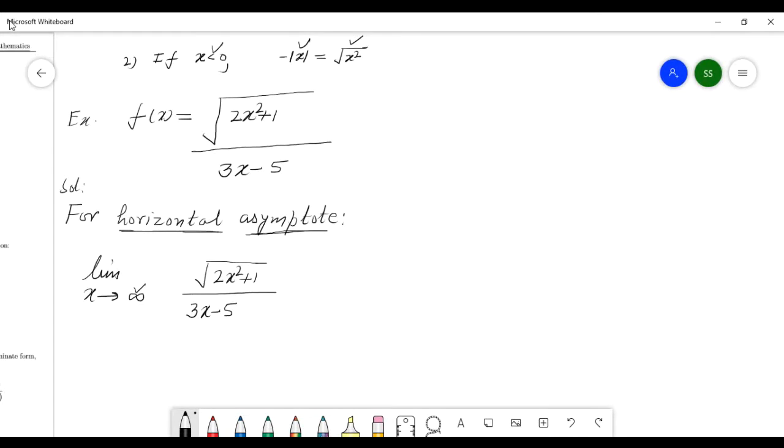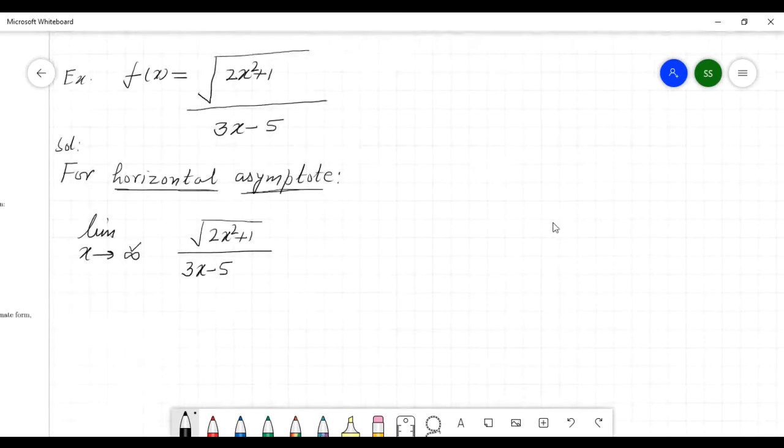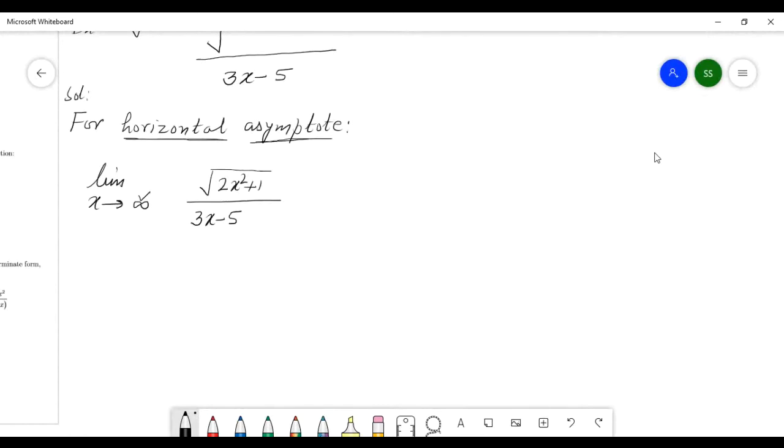Now look here. Since there is a modulus, don't use the quick method. Use this method. See the highest power of x here: x to the power 1.